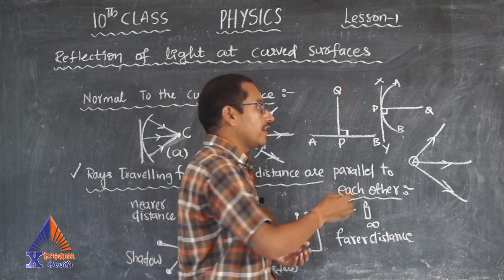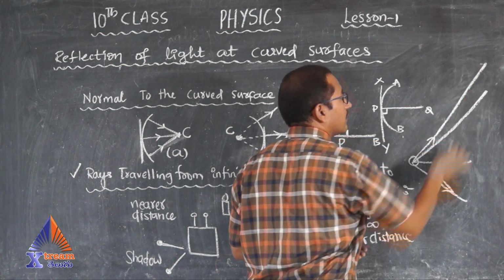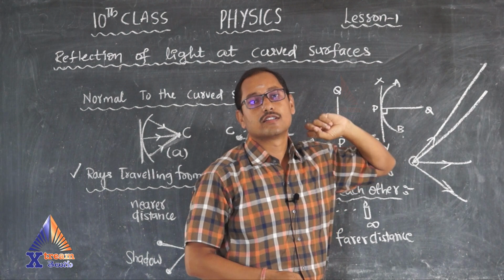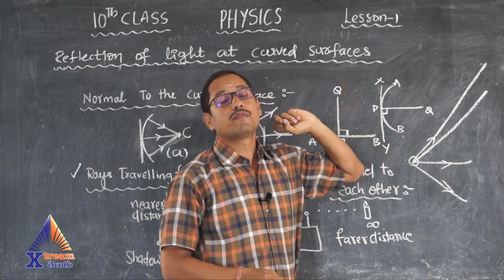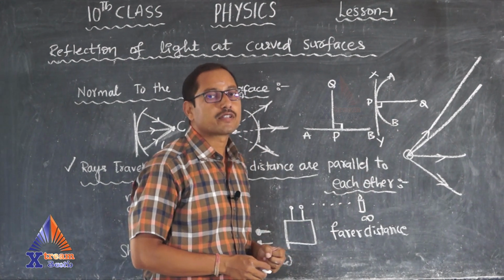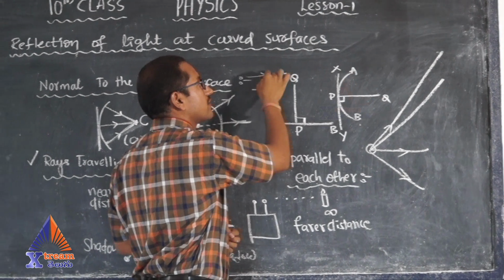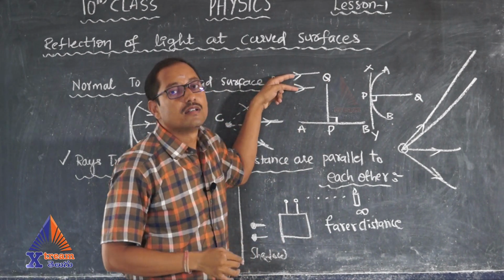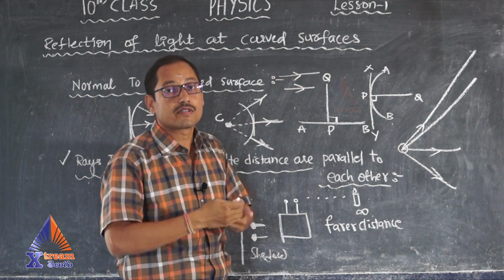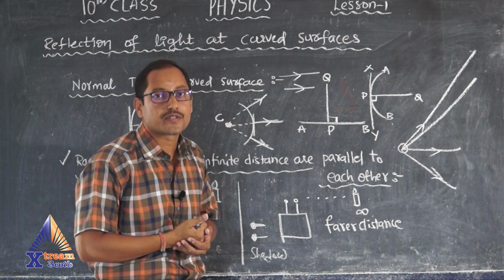But when two rays are traveling in the same direction, after traveling to infinite distance, they can be considered to be parallel to each other. So this is called as rays which are coming from infinite distance are parallel to each other.